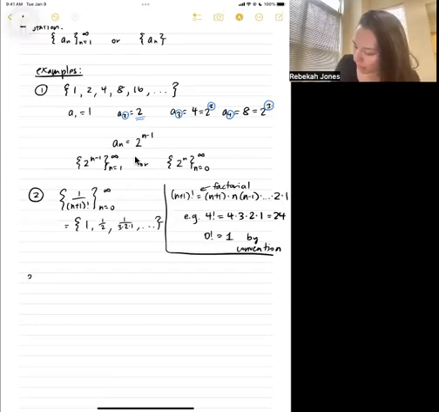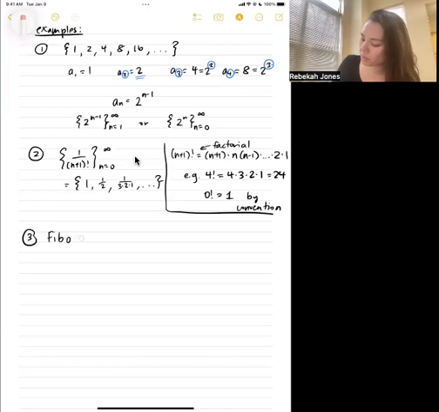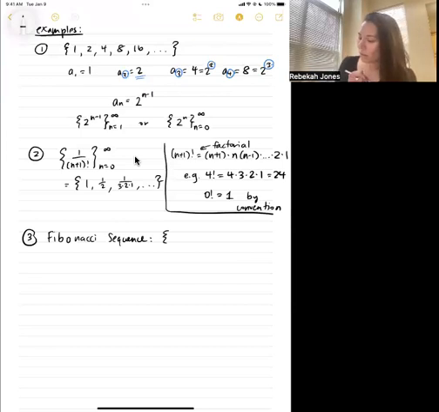Okay, and then this next one is an interesting sequence that you might have heard of before. It is called the Fibonacci sequence, and it is defined recursively. So let's write down the first several terms.